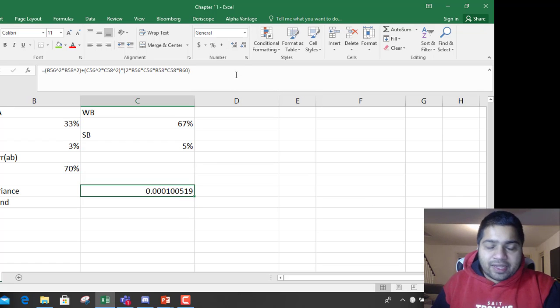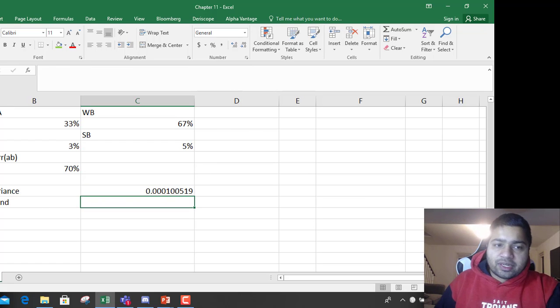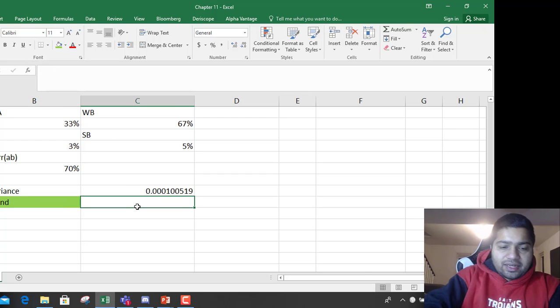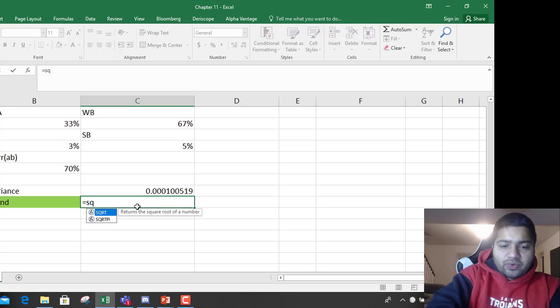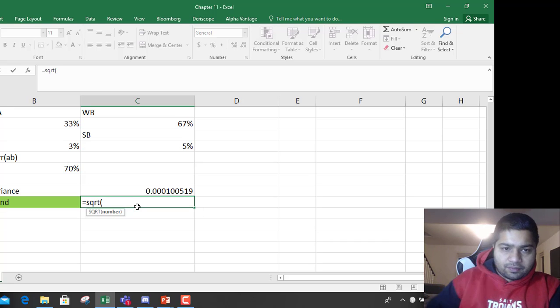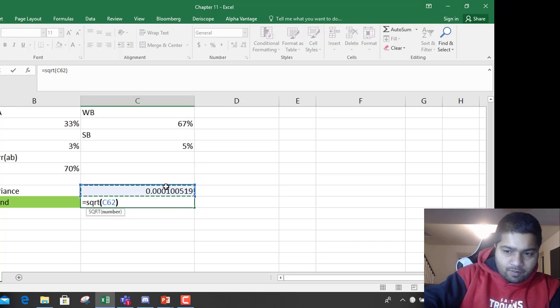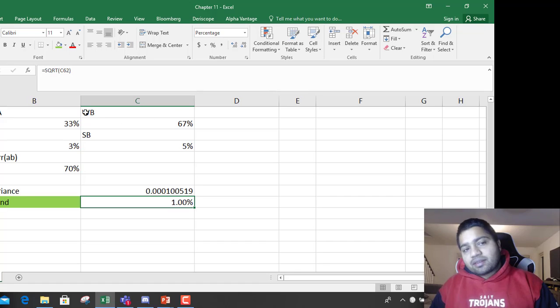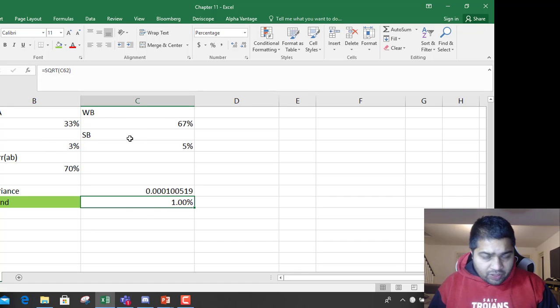So variance is some number. We are more interested in standard deviation because risk is given by standard deviation. So you take the square root of that, and your standard deviation risk is 1%. So if you combine weight of asset A and weight of asset B, your risk goes to 1%.